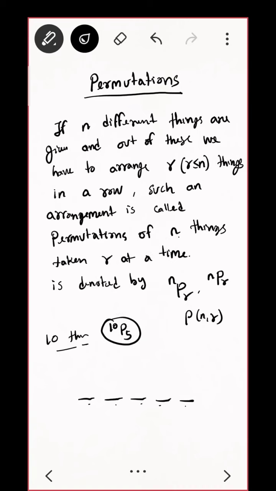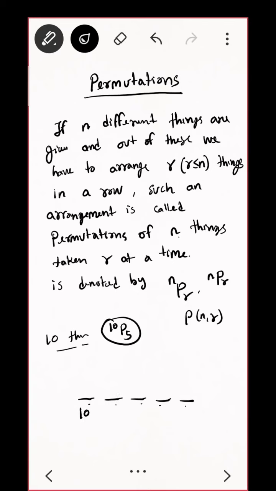This is just an arrangement in a row. That's why I wrote it in a row. There are 5 positions and there are 10 things. So how can you arrange? Can you tell me, for the first position, how many choices are there? 10. For the second position, we are talking about things, so there is no point of repetition.